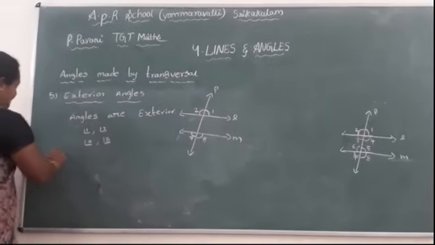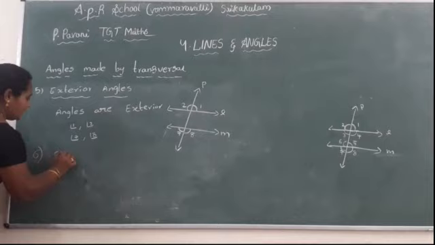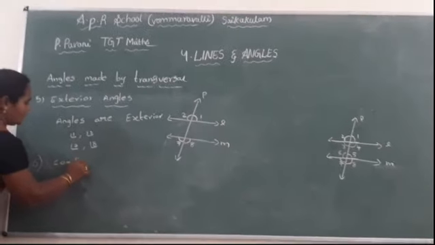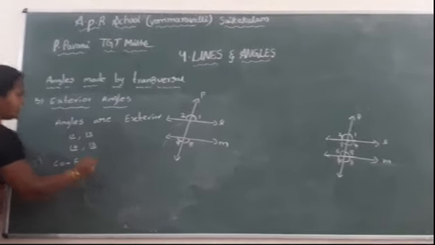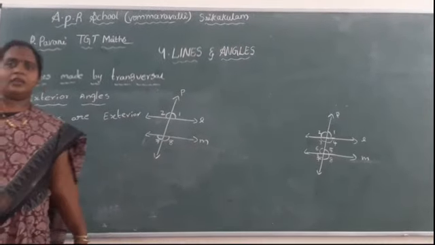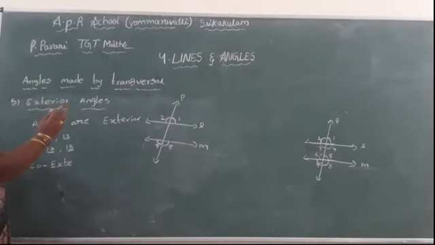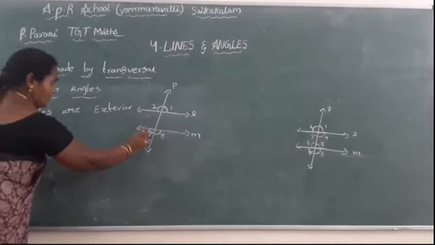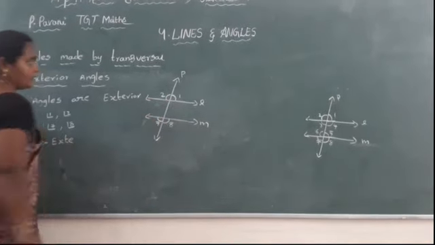Co-exterior angles. Co-exterior means same side of the transversal and also exterior of the transversal.